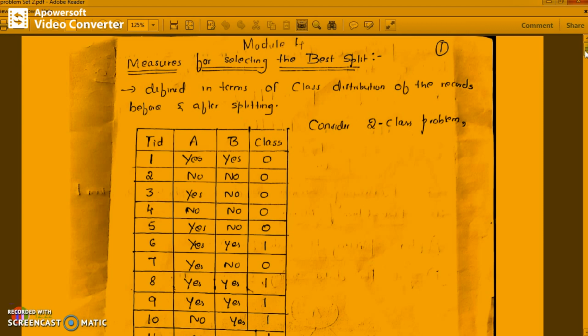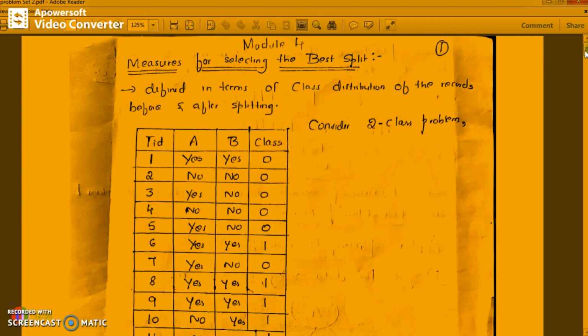One thing you have to know here: all 3 measures, Gini, entropy, and classification error, are measuring the impurity level. If the answer you get after substituting the values in the formula is 0 for all the 3 measures, or for any one you take, the meaning is the degree of impurity is 0. When the impurity is 0, that means the classification you have done is the best classification.